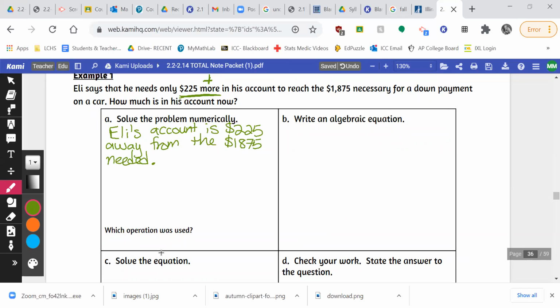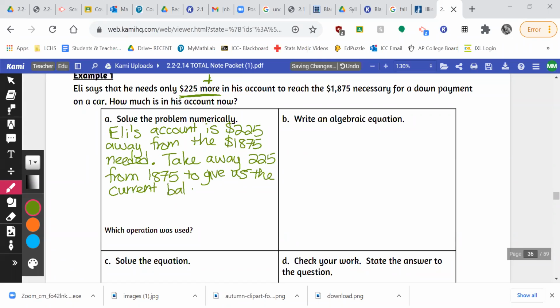So to solve this, we would take away 225 from 1,875 to give us the current balance.